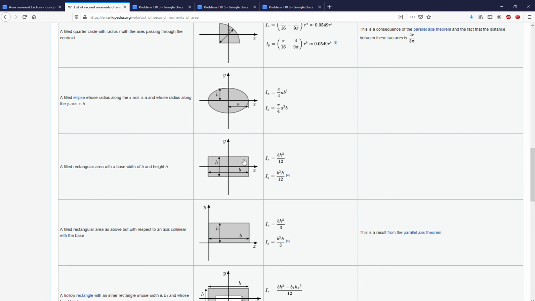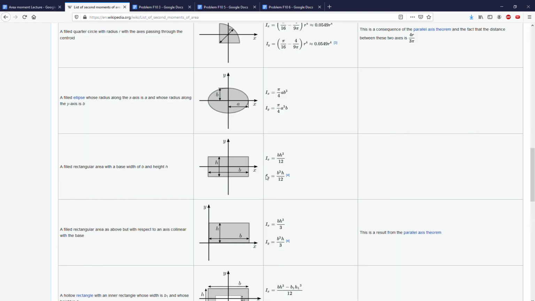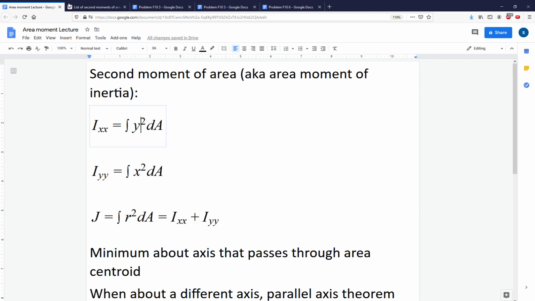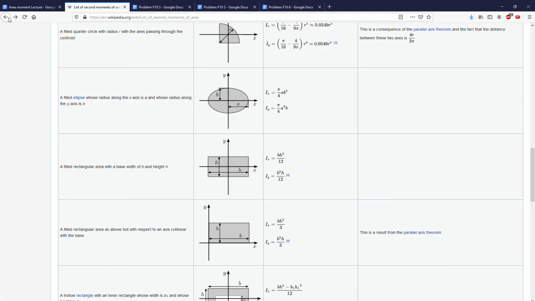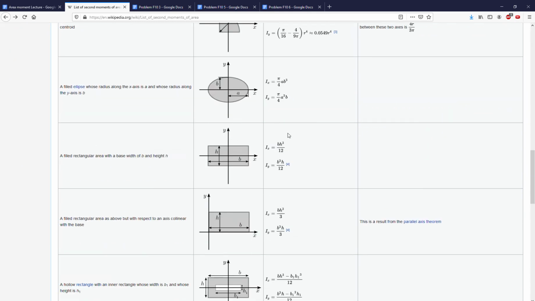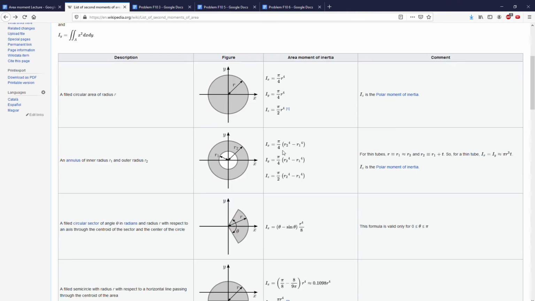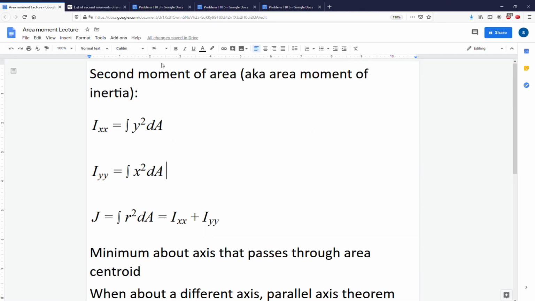It is the y direction that gets cubed, because Ixx goes for y squared, and vice versa for the y component. During your homeworks and exams, it is completely acceptable to use a table like this for some of your shapes. For some shapes, you can't use a table like this, but we will see examples of those.